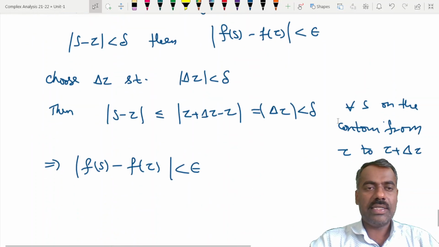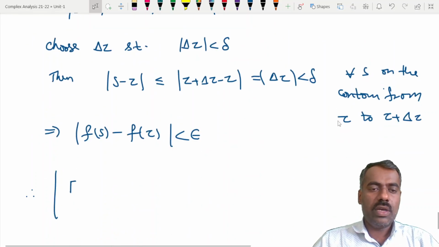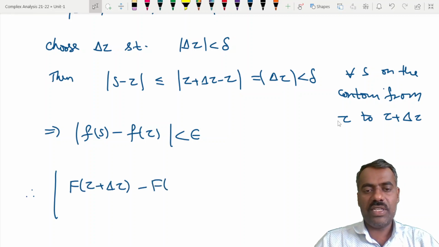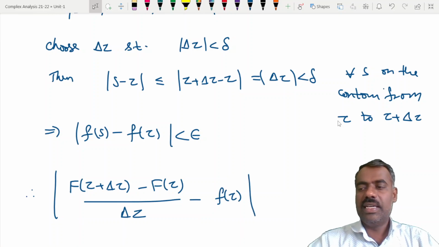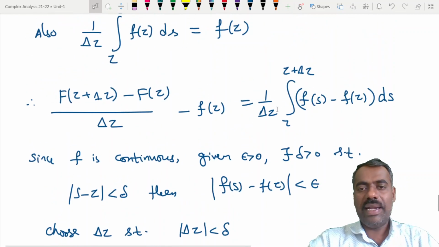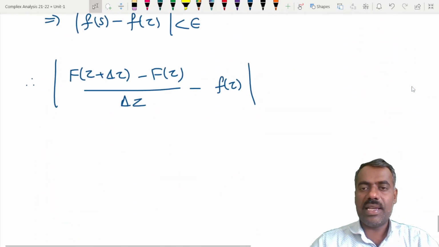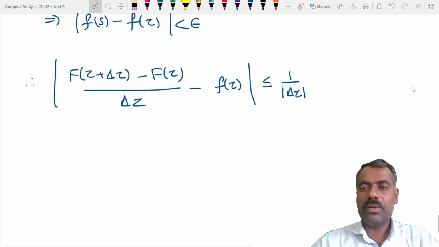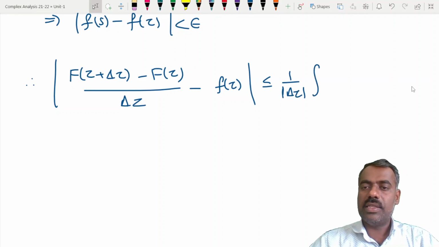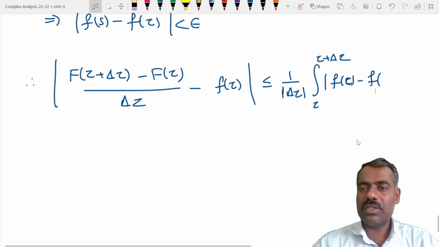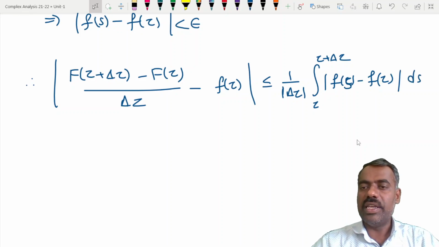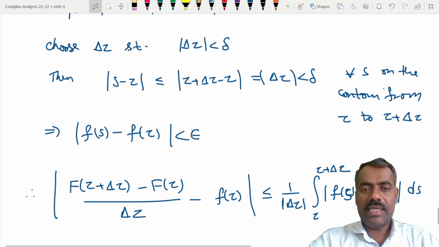Therefore, if you take this modulus, modulus of f of z plus delta z minus f of z upon delta z, minus small f of z, is equal to 1 by mod delta z, and if you take the integration inside the modulus, then this is less than or equal to 1 by mod delta z times the integration from z to z plus delta z of f of s minus f of z, into ds. Now we can see that this is less than epsilon.